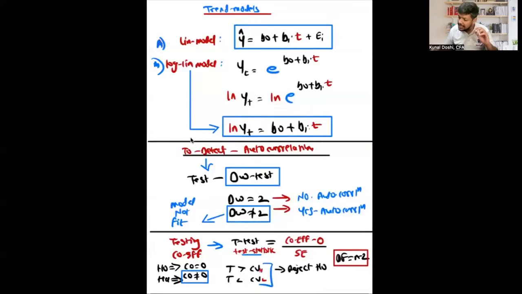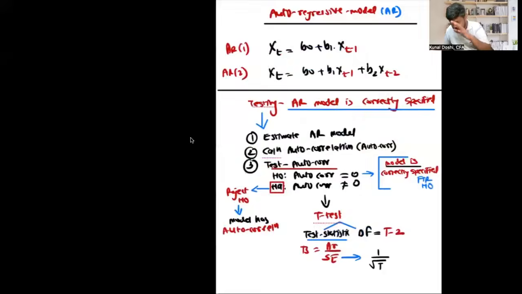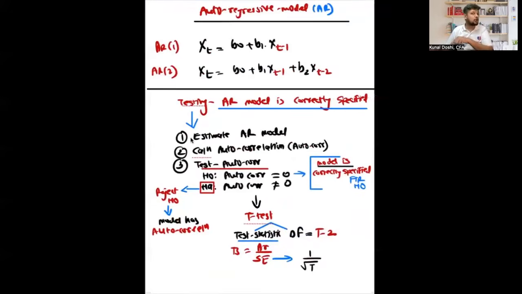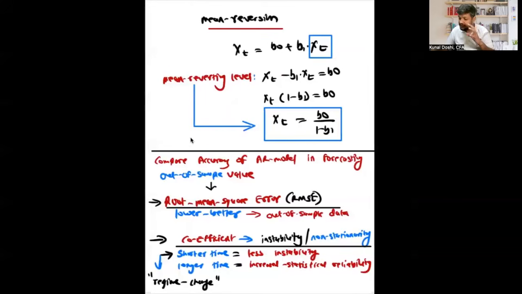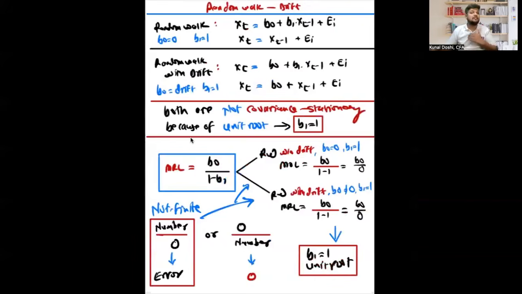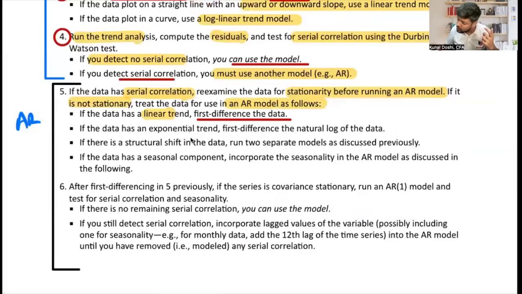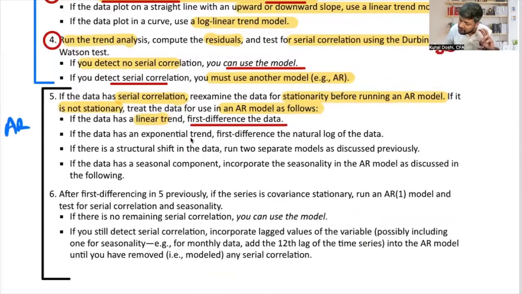So see here, we are using the AR model, and in the AR model we are going to test for autocorrelation. If there is autocorrelation, then we are going to use first differencing.